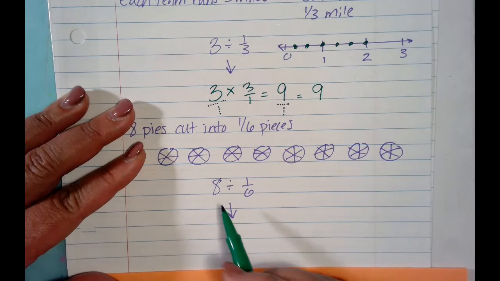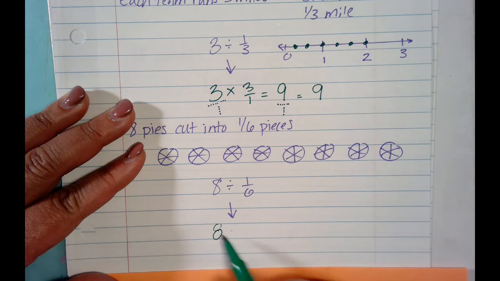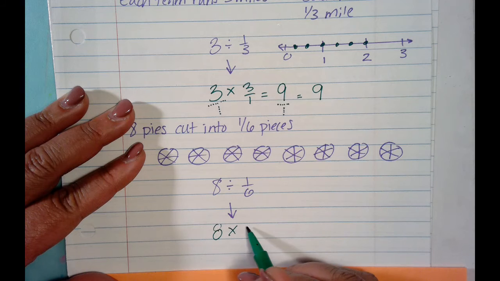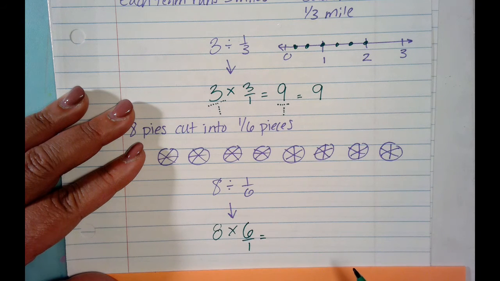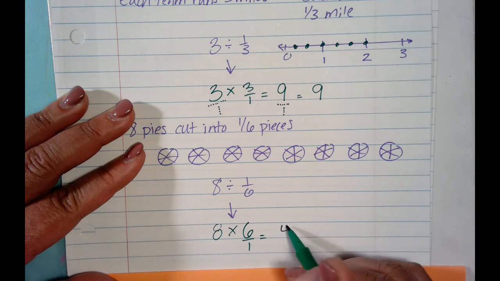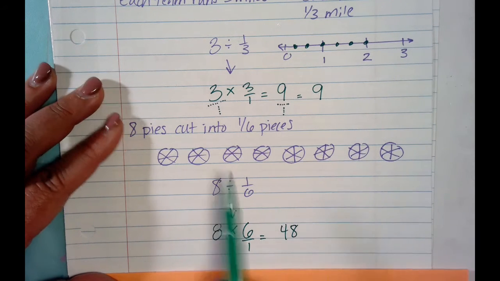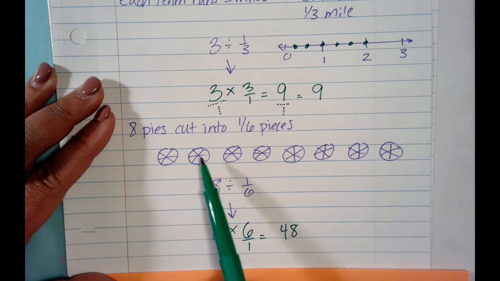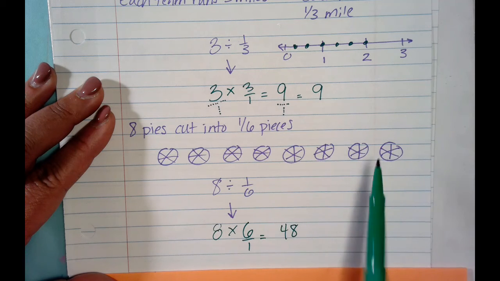So we're going to keep the first number, change the sign, find the reciprocal of the second number. 8 times 6 is 48. And if you count, you can count that there are 48 little pieces in my pies.